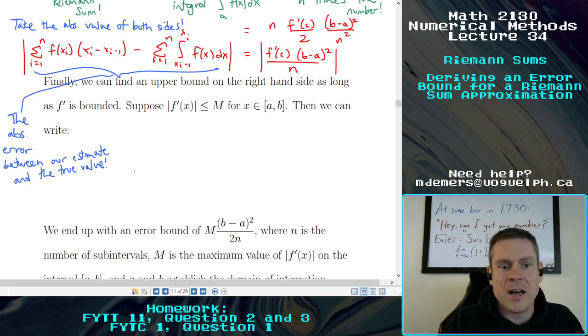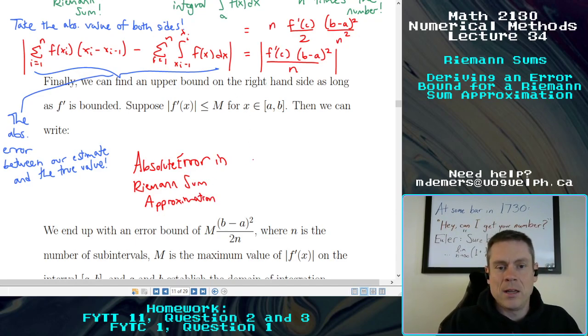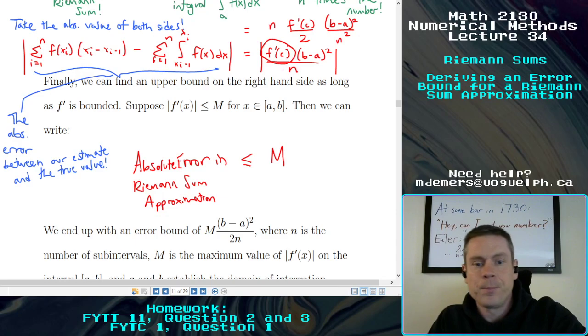I'm just going to say the absolute error in the Riemann sum approximation, which is the quantity on the left, is going to be less than or equal to M, which is the absolute value of this quantity right here.